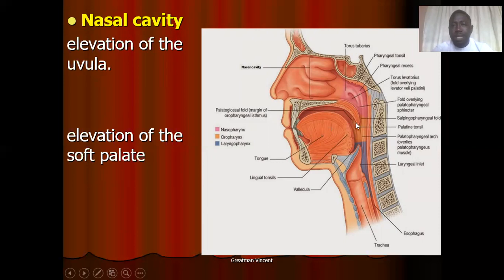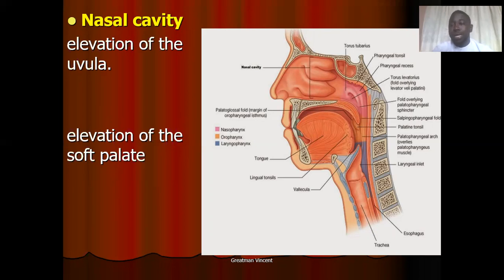First, there is a structure that is found here we call the uvula. It's quite unfortunate this picture is not giving a clear view, but the uvula will be elevated. So the uvula is going to be elevated to close the pathway for the nasopharynx, number one.